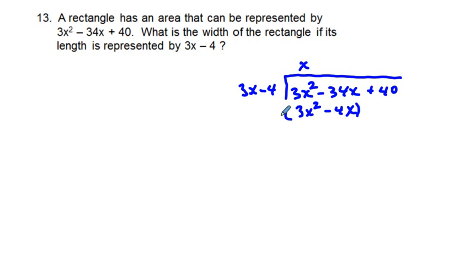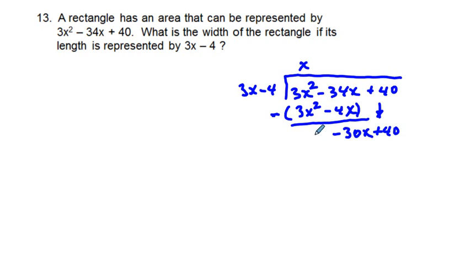Again, this requires integer arithmetic, which is a downfall of many of us, myself included at times. 3x squared minus 3x squared is 0. Then negative 34x minus negative 4x is negative 30x. Then we bring down the 40.